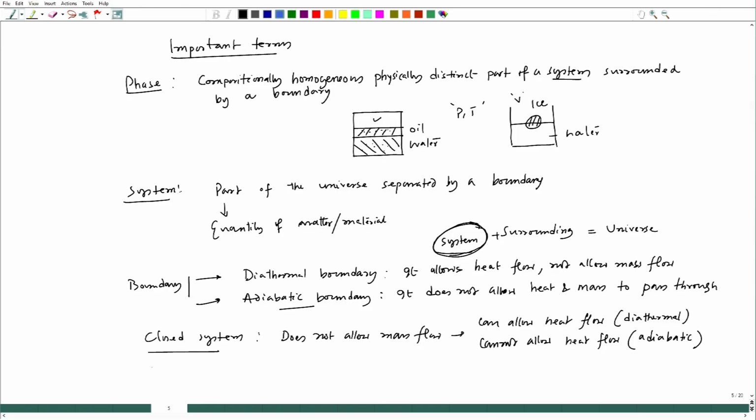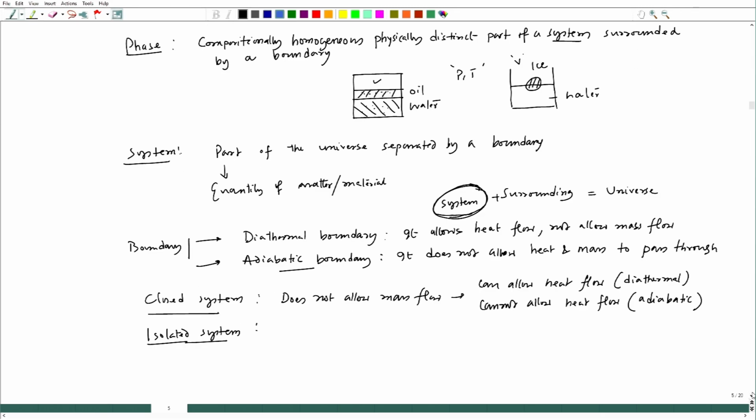And there is a system called an isolated system. Again it does not allow any mass or heat flow.